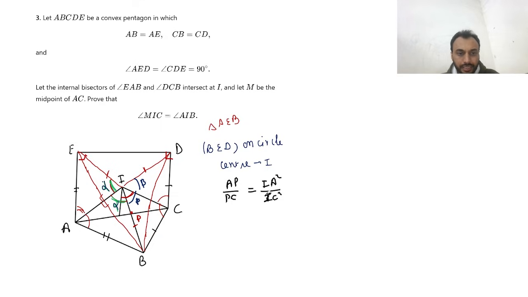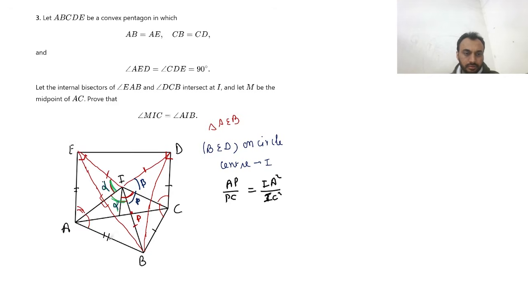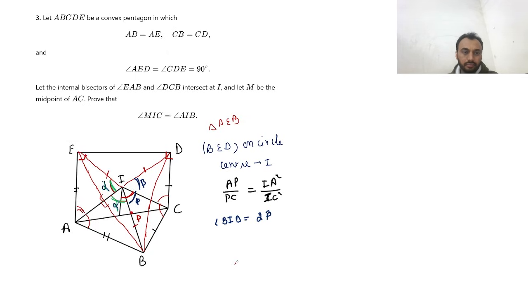Now let's try to see that we got angles alpha and beta, and let's try to figure out the other angles using them. If I say this angle is beta and beta, that is 2 beta, right? It is made by the arc BD on the center. So BID is the angle made by the arc BD on the center, which is 2 beta. So on the circumference it should be beta only.